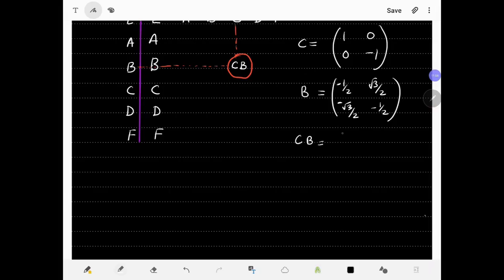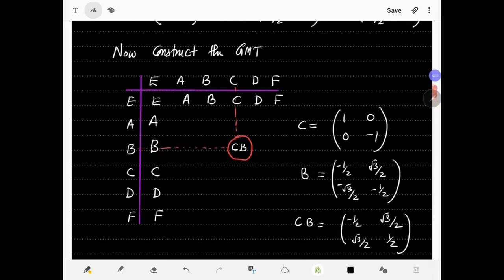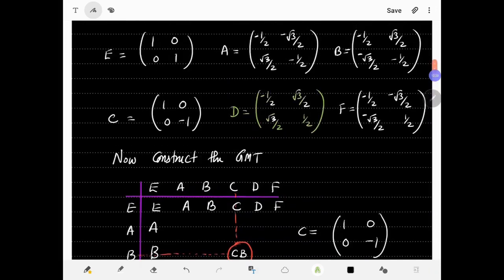Alright, now if you come back from Mathematica, you see that we have got the matrix product CB, which is exactly equal to the D matrix.